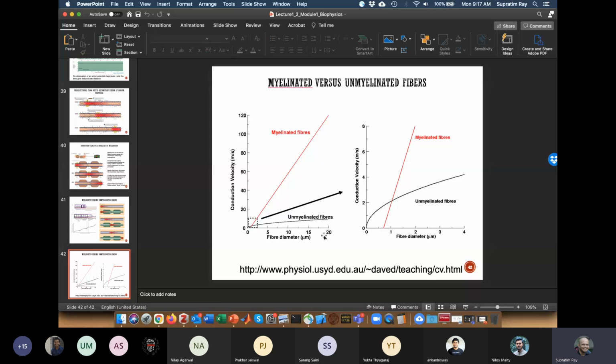But people have worked out that the conduction velocity increases as you increase the fiber diameter, but the increase follows different formulas. In one case, it's a square root for unmyelinated fiber as well as a passive fiber. For an active fiber, it becomes linear.